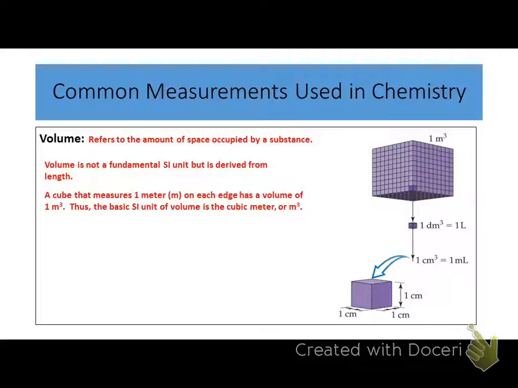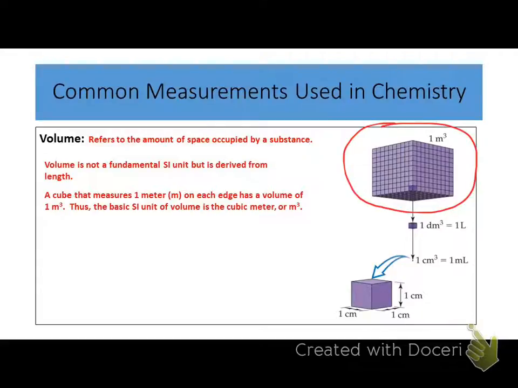Now, in all your math classes, you learned a formula for the volume of a cube. You learned that if you take the length times the width times the height of a cube, you would get the object's volume. And that's exactly how we derive the SI unit of volume using length. So over here we have a cube. Let me circle this cube here.